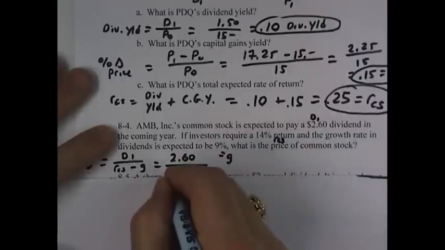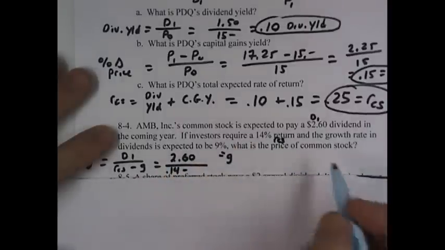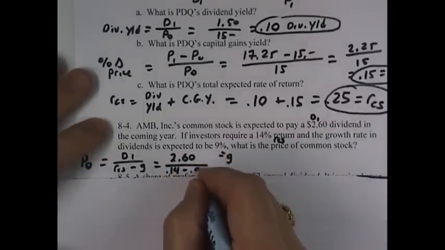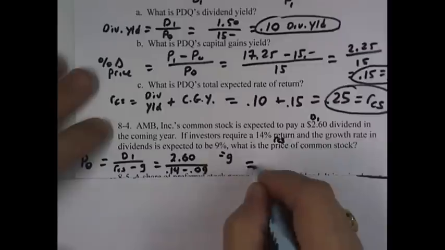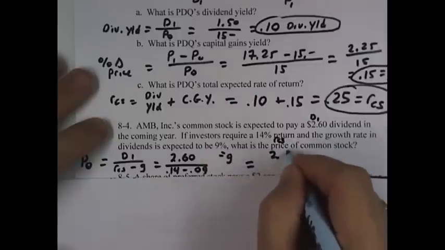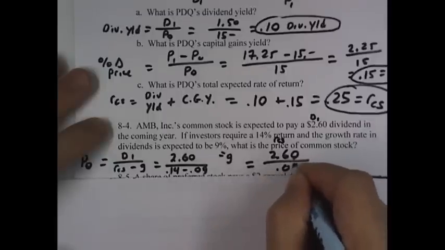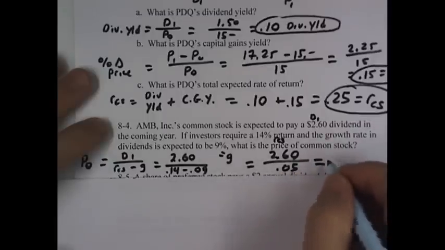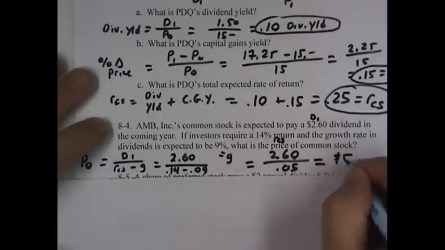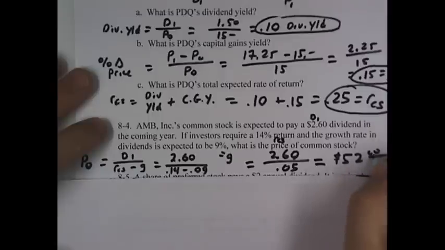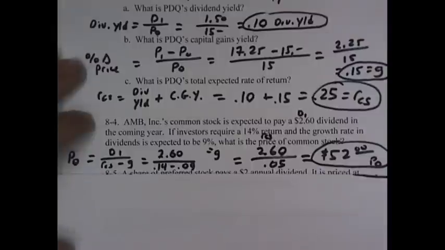I have R of 14% minus my growth rate g of 9%. So the price is $2.60 over 0.05 in the denominator there, or $52 per share. P0, price today.